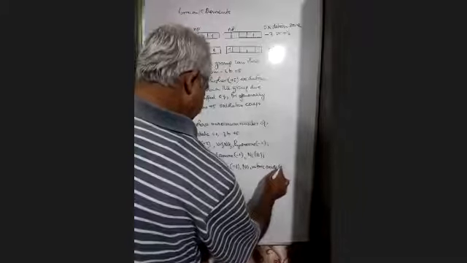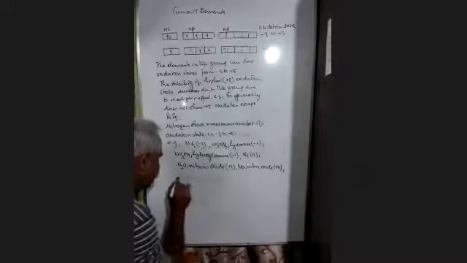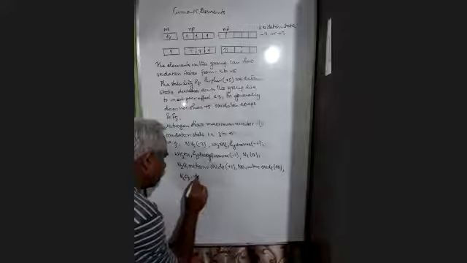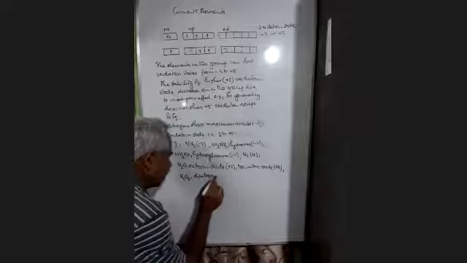This is plus 2. Sorry. N2O3. This is called dinitrogen trioxide. I'm writing only for your entrance exam.